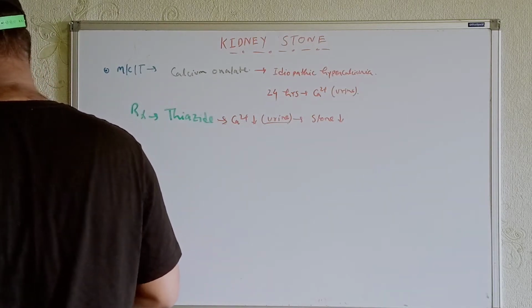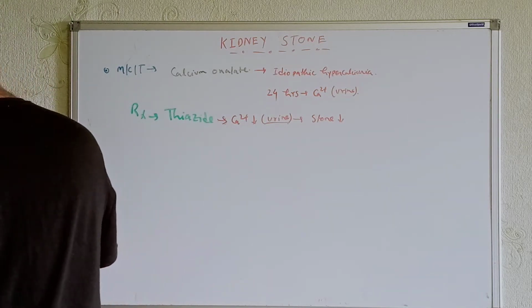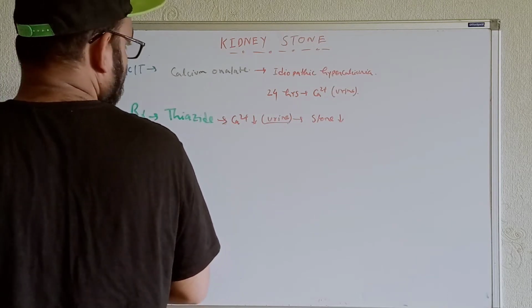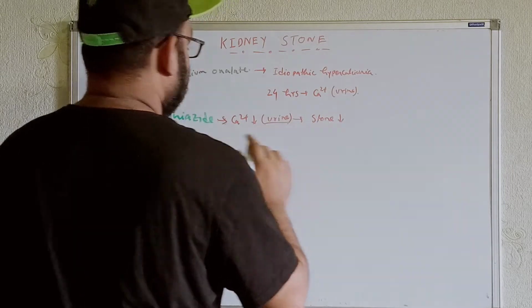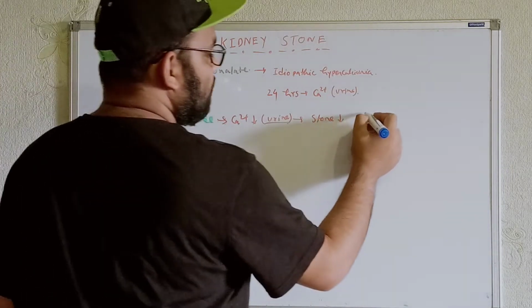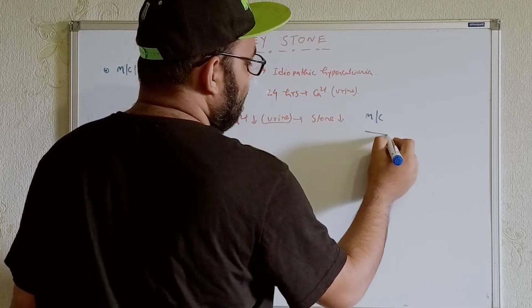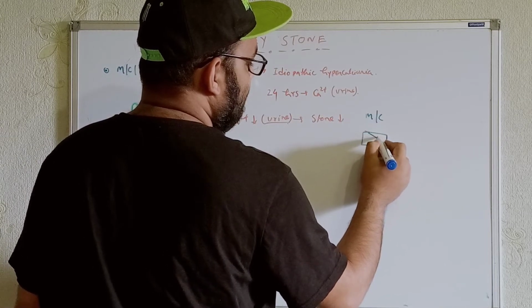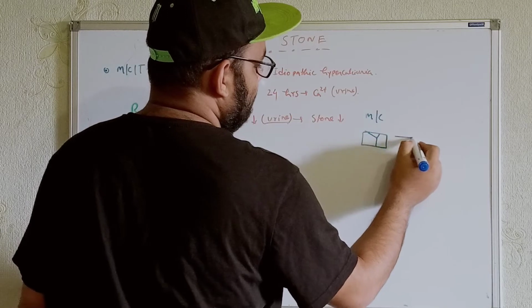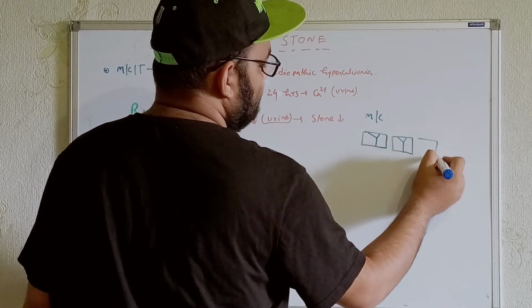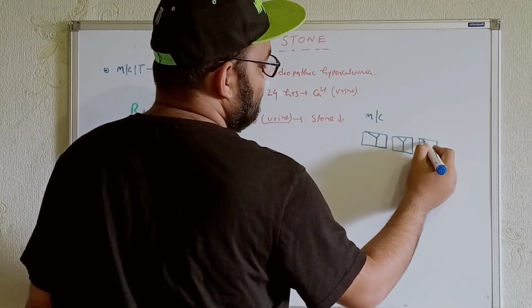Now see, what type of stones will we get over here? If we see the microscopic findings, we'll get the stone shape in this way. The crystals will look like this: envelope crystals.